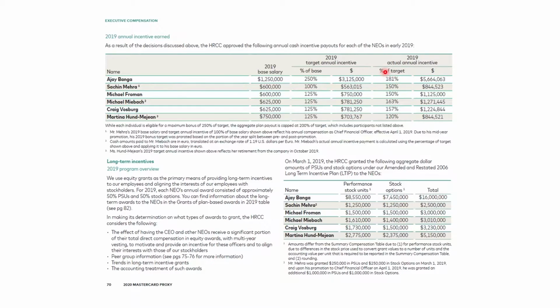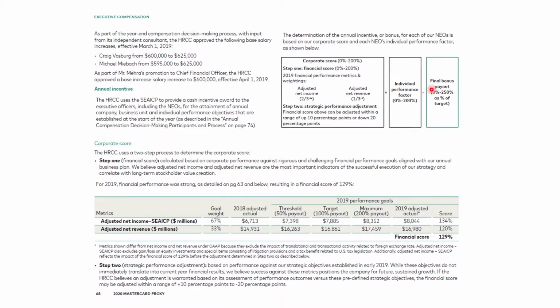This number is coming from here, the final bonus payout, which is the corporate score times the individual.